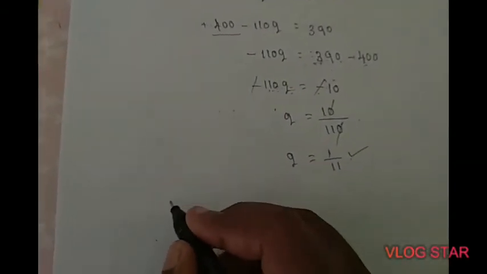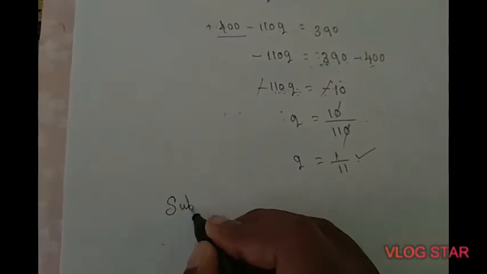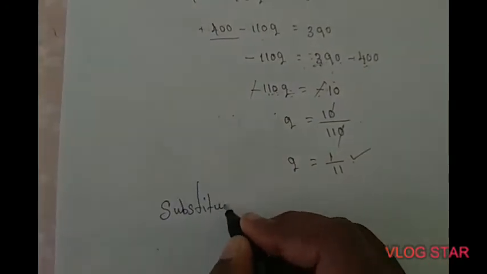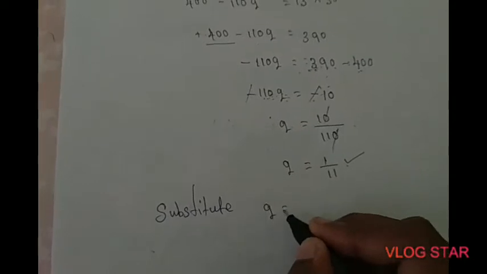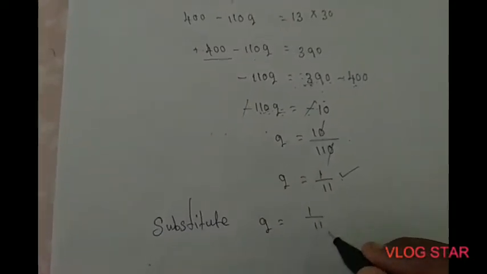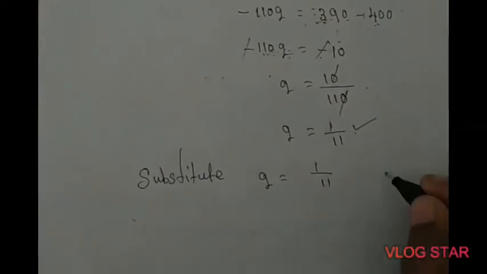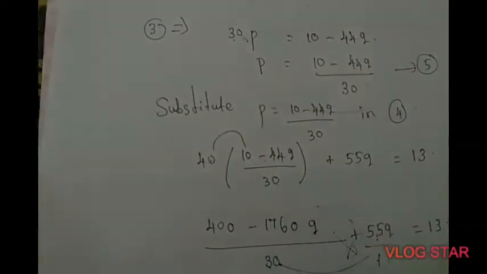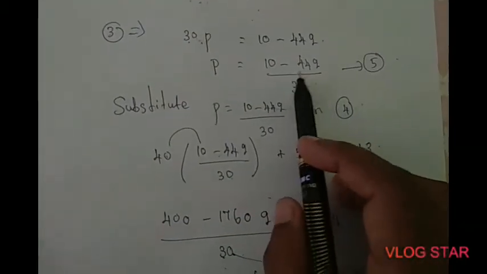Then we will apply the q value in the p equation. Substitute q equal to 1 by 11 in this equation, fifth equation.